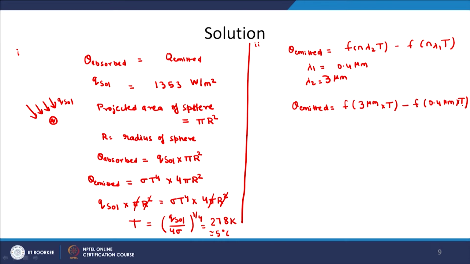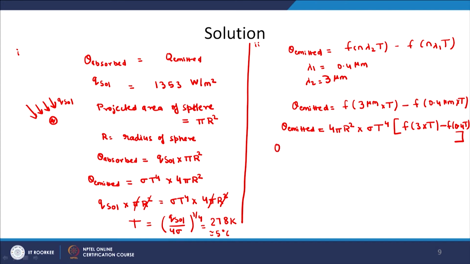So, this is the relation, and Q emitted will be basically this relation multiplied by the surface area 4 pi r square and by sigma T to the power 4, and then this fraction f 3 T minus f 0.4 T. So, this is the amount of energy that is emitted by the sphere.